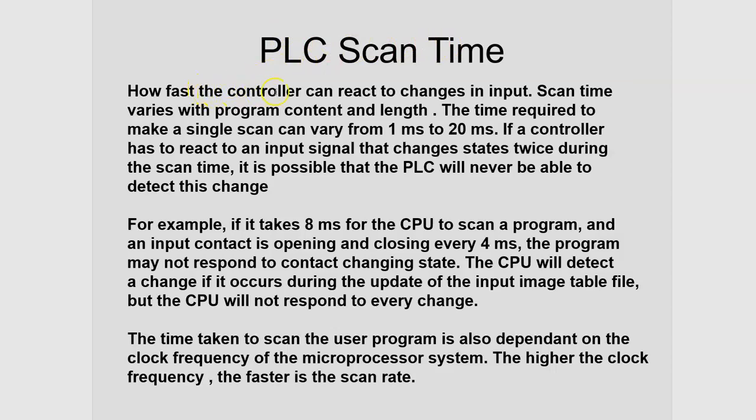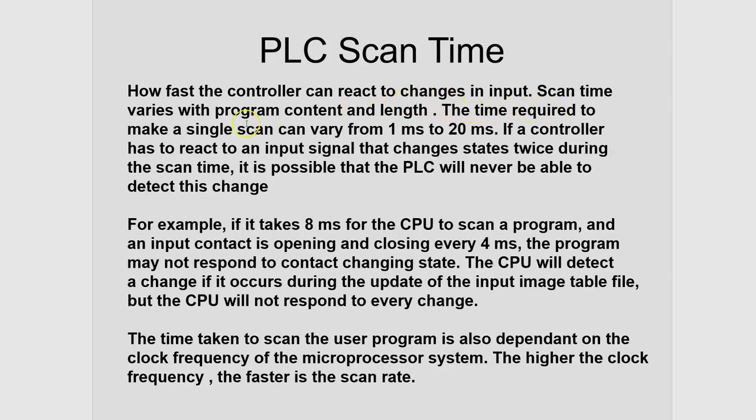So, PLC scan time: how fast the controller can react to changes in the input. Scan time varies with program content and length. A longer program will have a longer scan time. And program contents, as I said, if you have a lot of AND or OR logic on a rung, it's going to take longer for the scan to go through that particular rung.